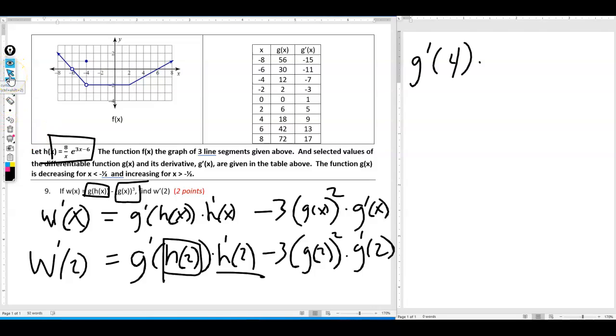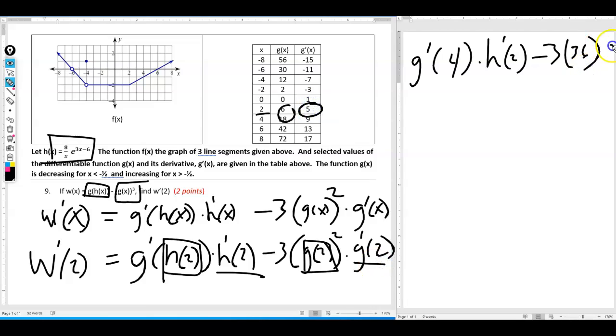We might have to do that again. I think I'll leave that there for now. We'll come back to that. Finding that derivative was kind of a pain, in case you don't remember. The next one here, we have 3, and then we have g of 2 squared. G of 2 is 6, so 6 squared is going to be 36. And then g prime of 2 is 5.